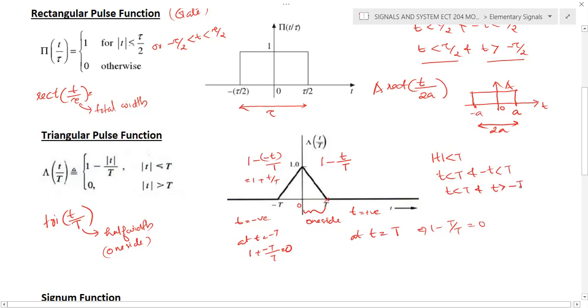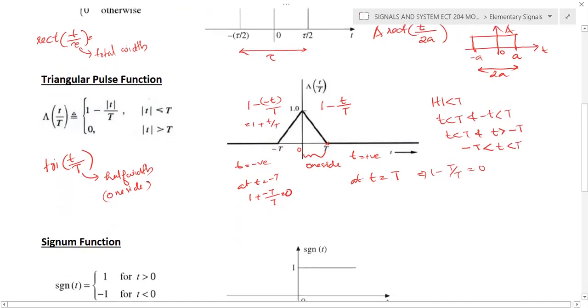So you can see that the t value is between minus T and T. You can write like this: minus T less than t less than T. So the function is between minus T to T. Otherwise, the function magnitude is 0.